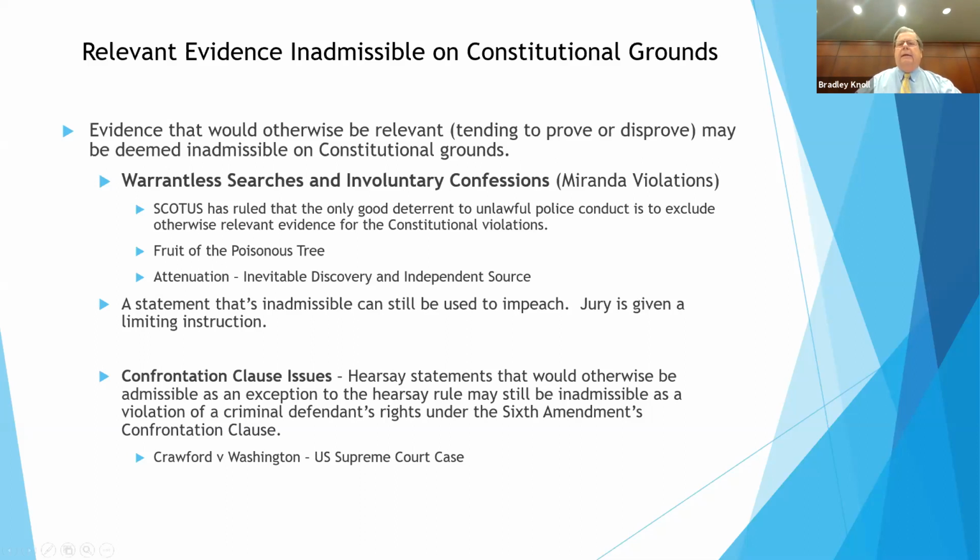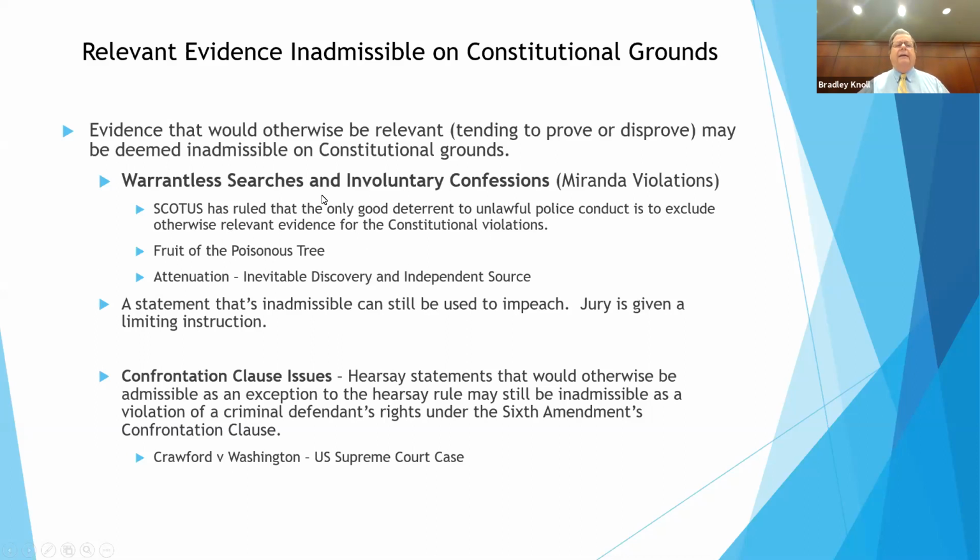And again, it's the idea of letting the defendant go on a technicality. Well, the U.S. Constitution, I don't think, is a technicality, but they've not found a better way to address those sorts of violations, unlawful police conduct.